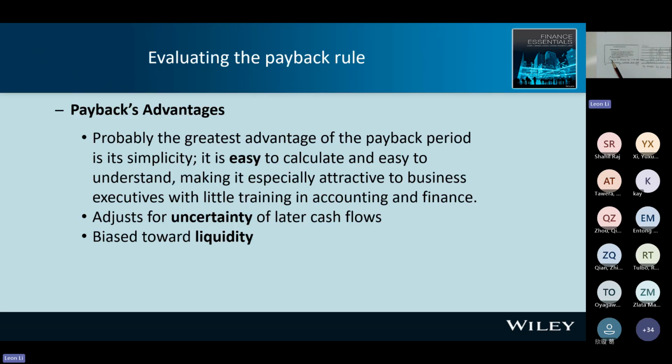Estimation of cash flow is challenging, and it's easier to estimate cash flow in the near term than the long term. So this is the benefit of the payback, because when we do the payback calculation, we consider CF1 first, then CF2, then CF3. But in NPV, we don't consider the order. We consider all the cash flow together. However, uncertainty of the later cash flow is an issue.